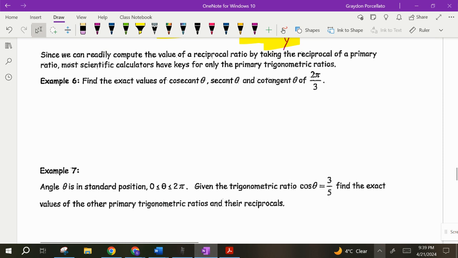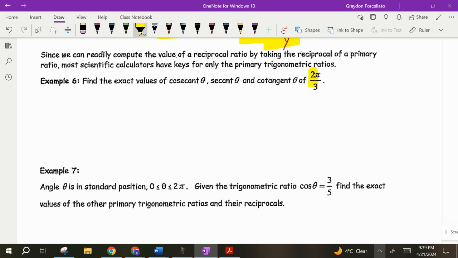Since we can readily compute the value of a reciprocal ratio by taking the reciprocal of a primary ratio, most scientific calculators have keys only for primary trig ratios, okay? So this says find the exact values of cosecant, secant, and cotangent of 2 pi over 3.